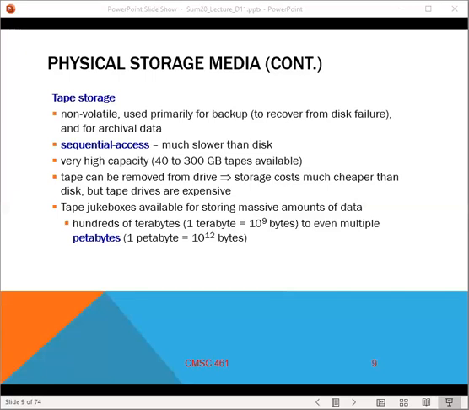As I mentioned, the death of tape is much exaggerated. Fujifilm just this past summer in July of 2020, last month in fact, announced a 400 terabyte tape.